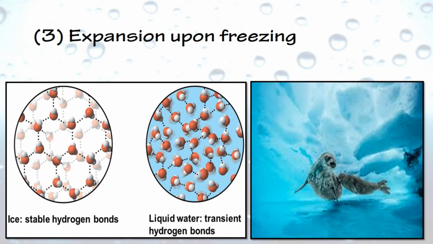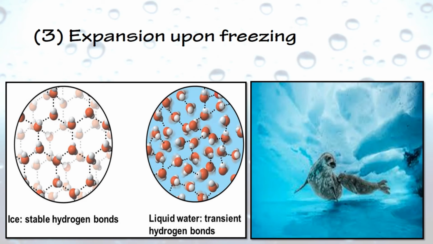And the next important thing is, as usual, an increase in temperature reduces their density. On the other hand, a decrease in temperature increases their density. So, ice solid has high density. Anyhow, ice is 9% less dense than liquid water. Hence, ice floats on water.